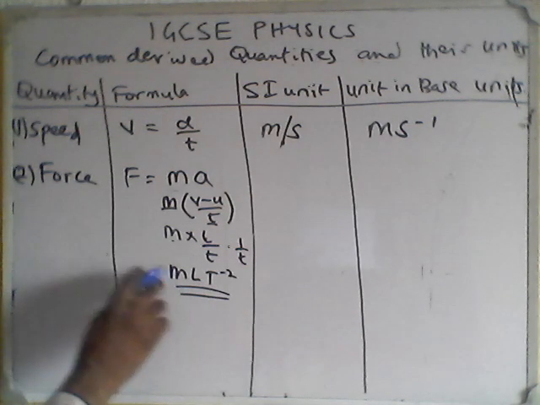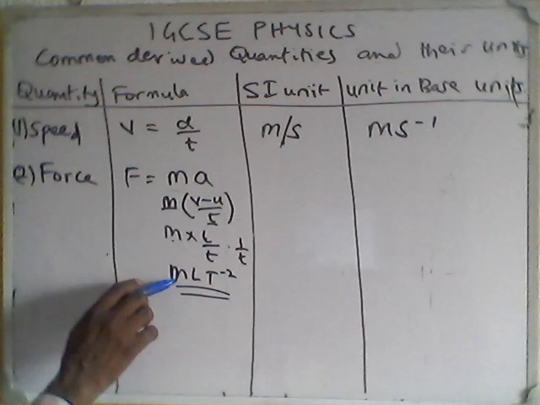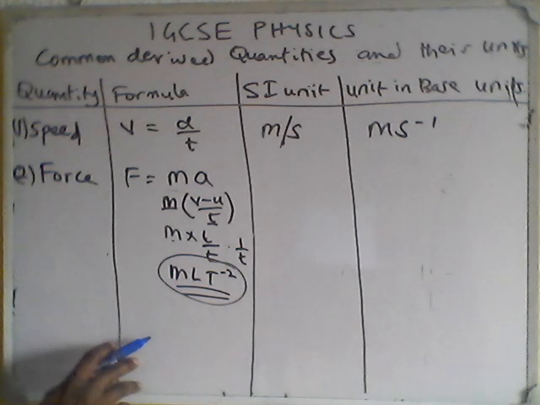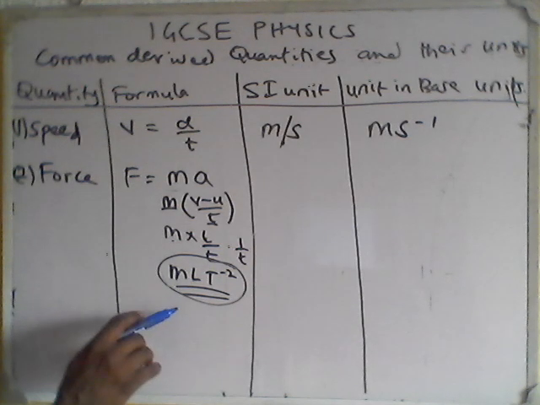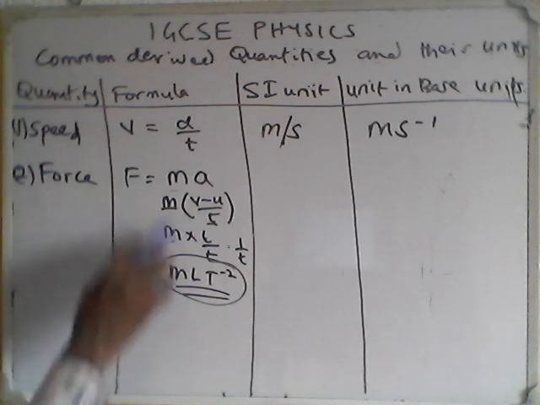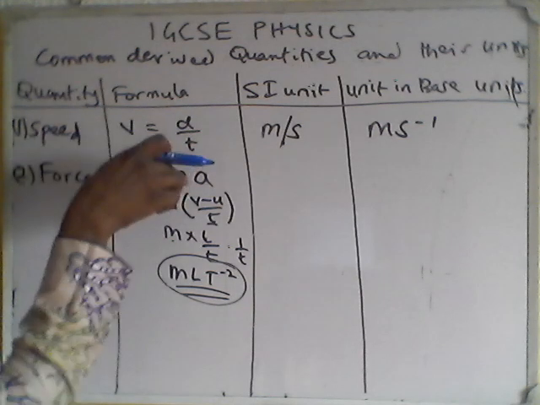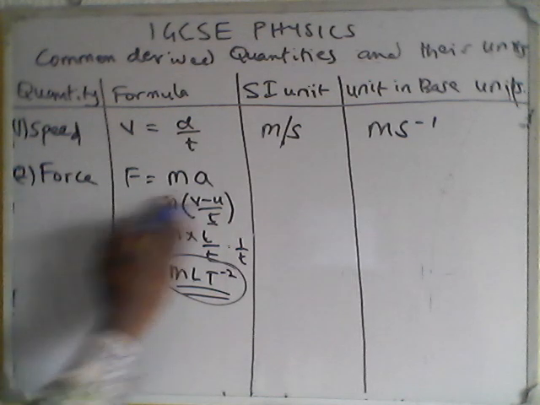All the quantities here, m, L, t, are fundamental quantities. You understand? So this is how force is expressed in fundamental quantities. Let me take this off. I just want to show you that by the time you break down mass and acceleration, this is what you are going to get. Okay, so let me take this off.